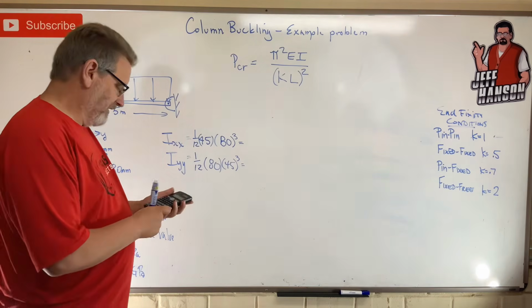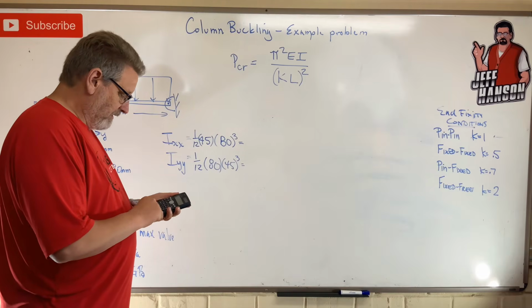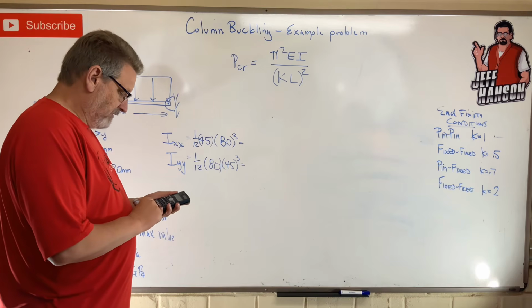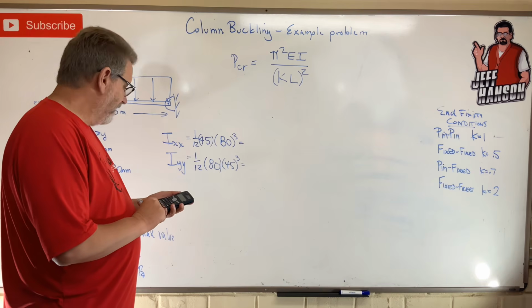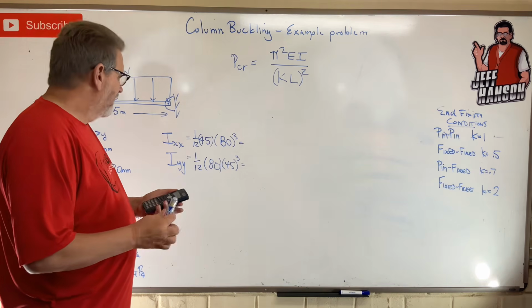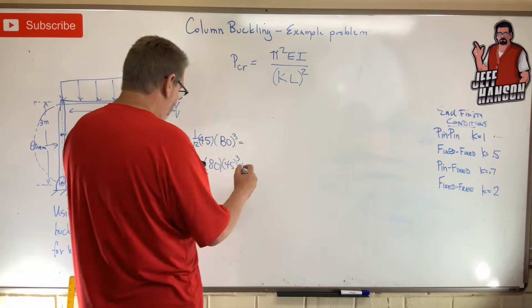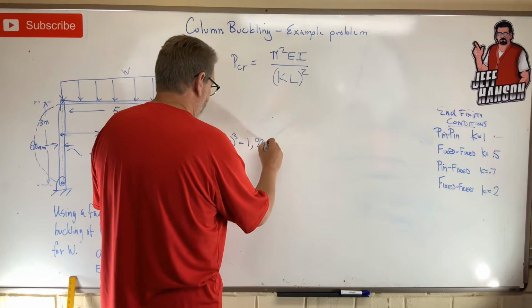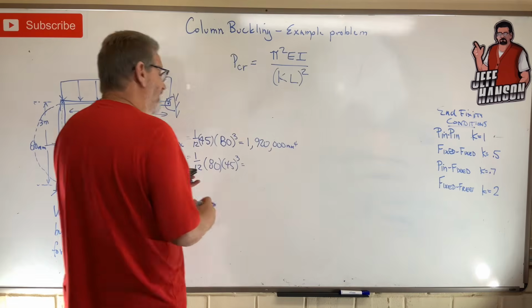Let's see what that number is, okay? 80 cubed times 45 equals, divided by 12 equals. And remember, these are in millimeters, so this is going to be millimeters to the fourth. Oh, it's a big number. Are you afraid of big numbers?